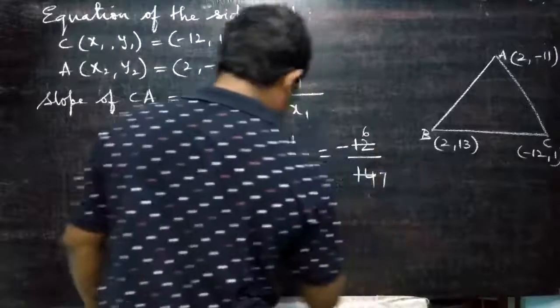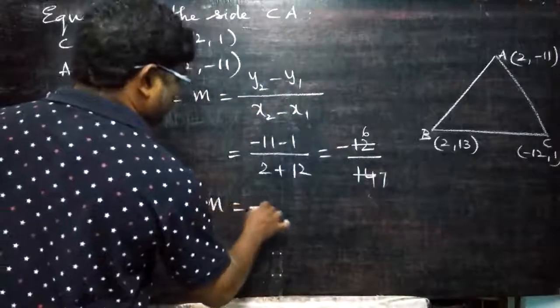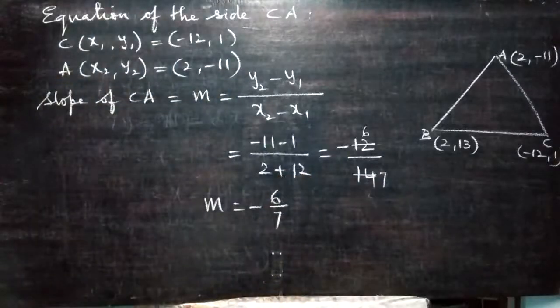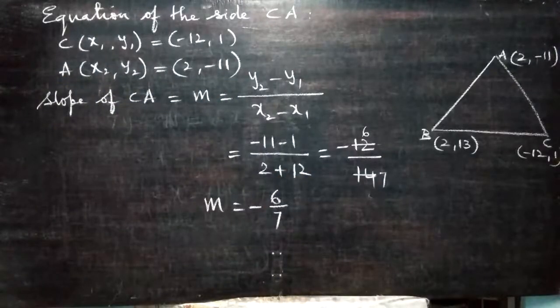We got m is equal to minus 6 by 7. We got the slope as minus 6 by 7.